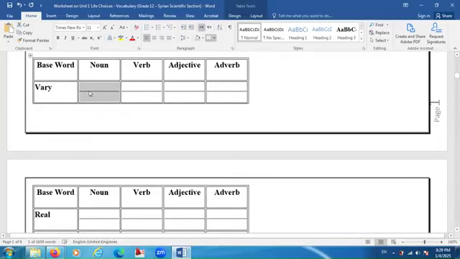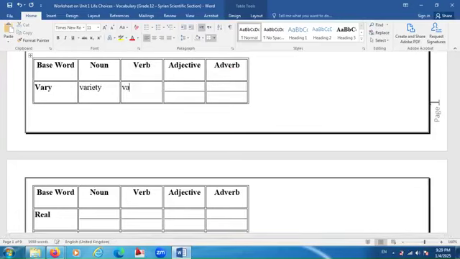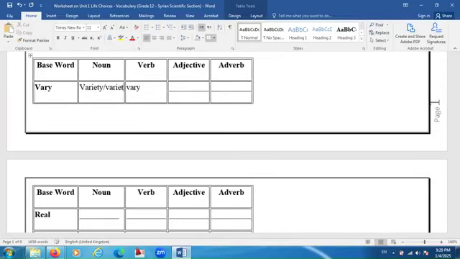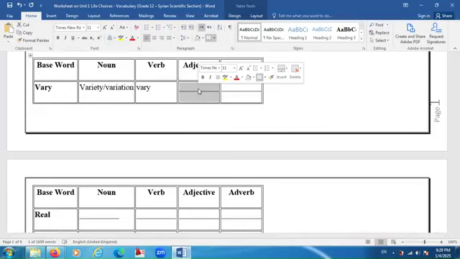So the word vary, that's the base word. The noun of it is variety, if you wish to say. Okay, variety. Verb, it's the same, vary. By the way, you can write variety or variation if you wish. Yes, you can. You have more than one, it's okay. Adjective, varied and varies.